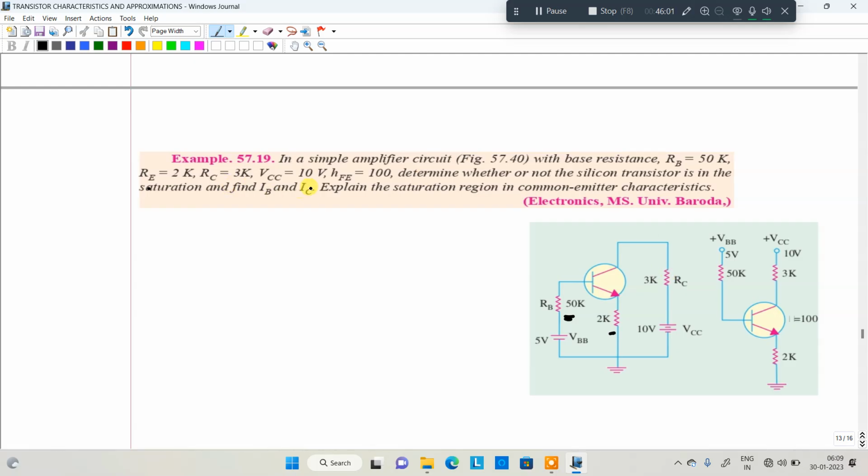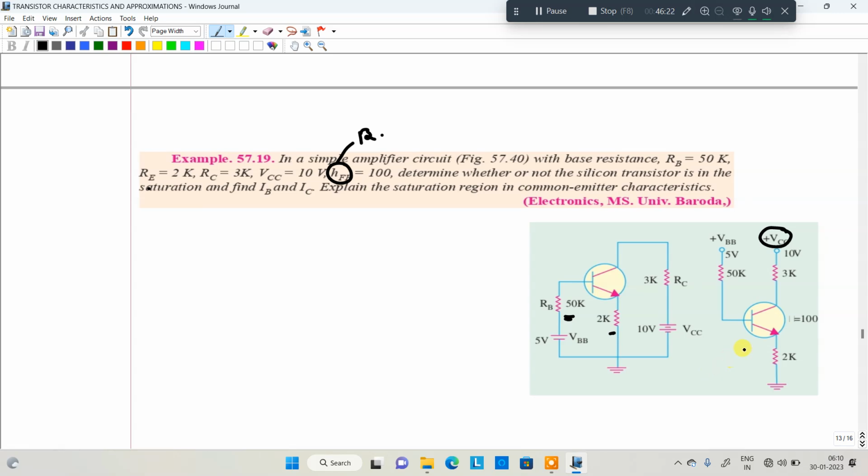VCC is 10 volt. It is given, right? And HFE, that is the forward parameter. HFE is nothing but the gain, that is beta. We can take it as HFE. Indirectly it is mentioned, HFE is nothing but beta, the current gain.